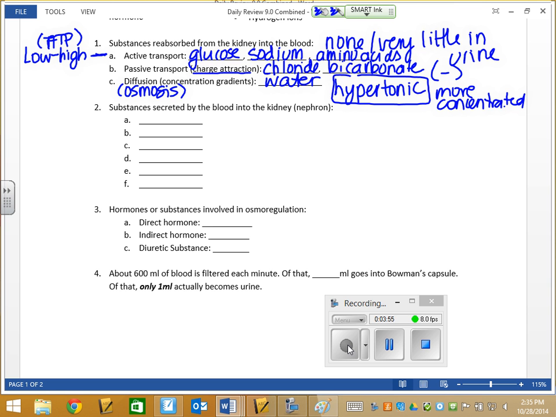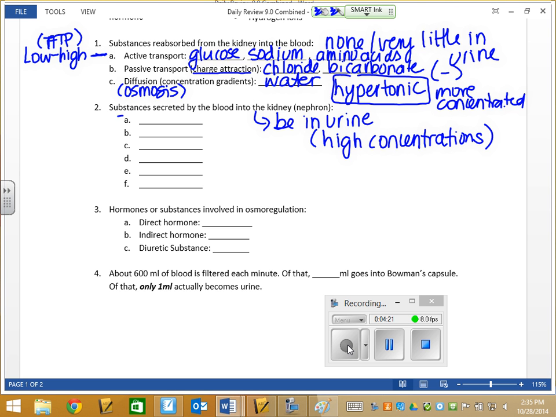Now, substances that are secreted by the blood into the kidney, or into the nephron, these are substances that should be in your urine. And they should be in your urine in relatively high concentrations. And that's because your body generally is trying to get rid of these substances.